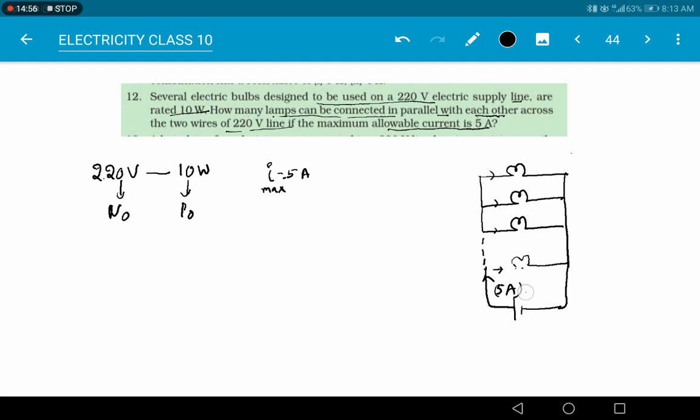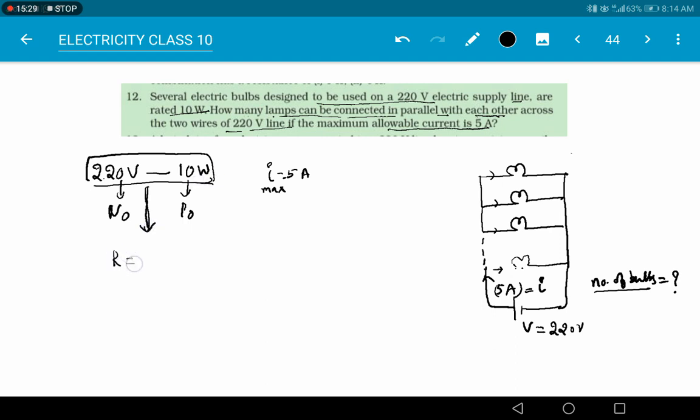So the current value is known and the V value is also known. They're asking for the number of bulbs. To find the number of bulbs, we should know the resistance of each bulb. So from the rating information, we can calculate the resistance.